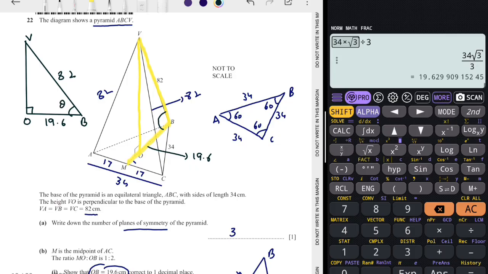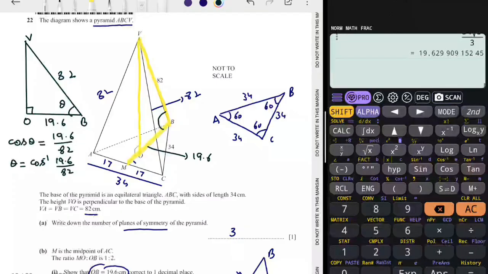So see, this is cos, adjacent over hypotenuse, so cos theta would be equal to base divided by 82. So theta would be equal to cos inverse of 19.6 divided by 82. So it will be 19.6 divided by 82.